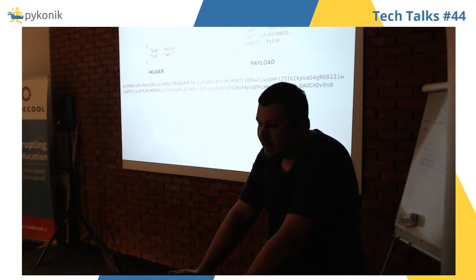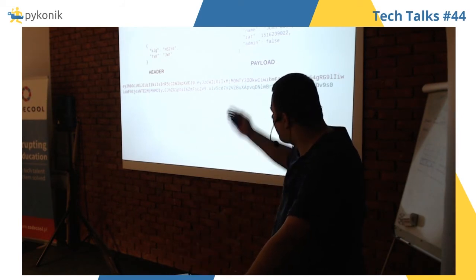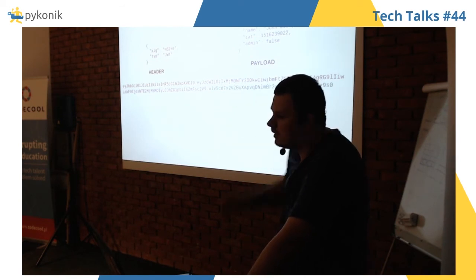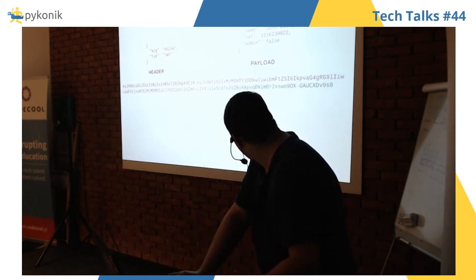Some libraries, I think, will just accept binary data, encoded with base64. Normally, the header and the payload, if you decode that base64, decode to JSONs, hence the name JSON Web Token.